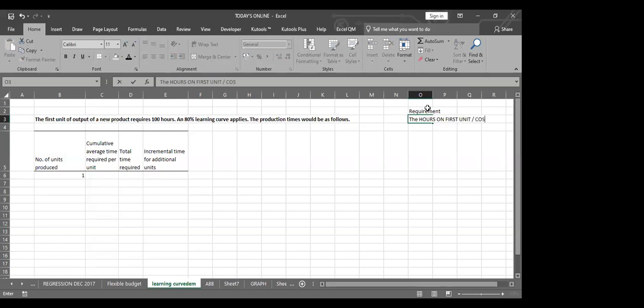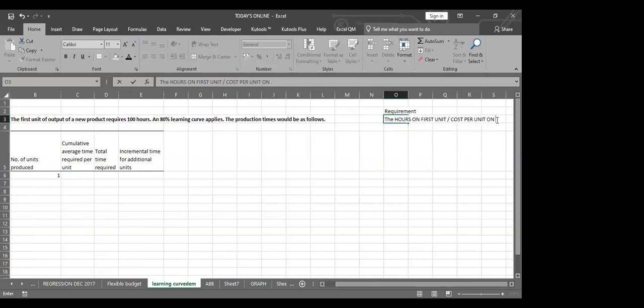If not, the cost per unit on the first unit is quite critical, because the learning is progressive, or it is tracked from that. That's why in any question they have to give you either hours spent on the first unit, or cost spent on the first unit. That is very critical, and that's why here in this question they have given you that.